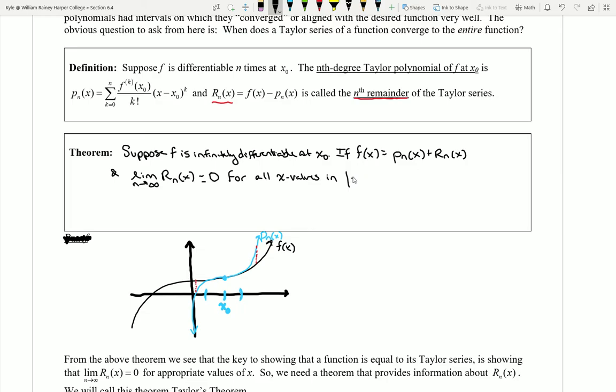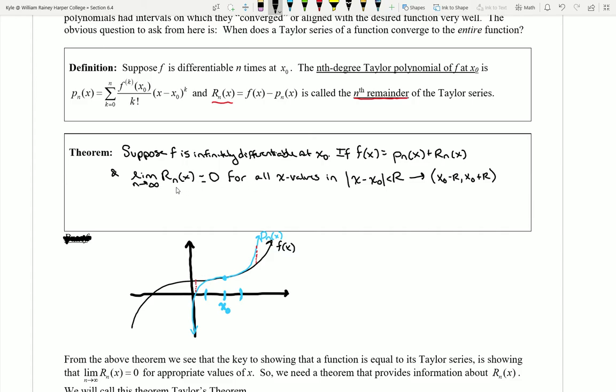in, notice here I'm communicating an interval, so this is inside the interval of convergence. Keep in mind that this is equivalent to saying all values that are in the interval x0 minus r to x0 plus r.